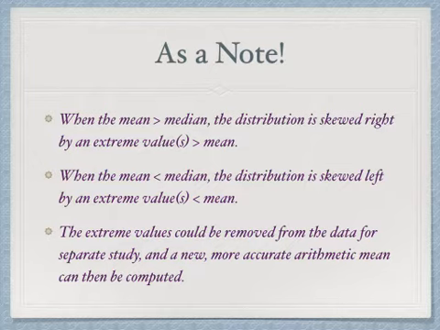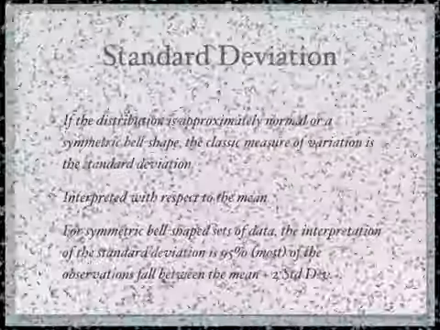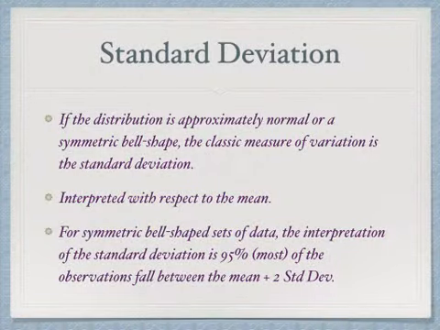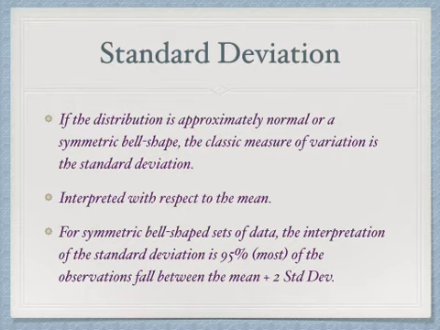Here are some rules that I wrote down on the keynote. When the mean is greater than the median, usually that means that the distribution is skewed right by an extreme value that is greater than the mean. Same goes for when the mean is less than the median. The distribution is going to be skewed left because of that extreme low outlier.